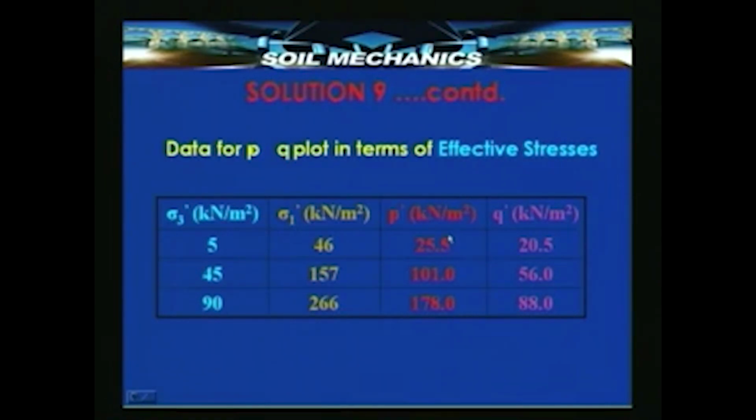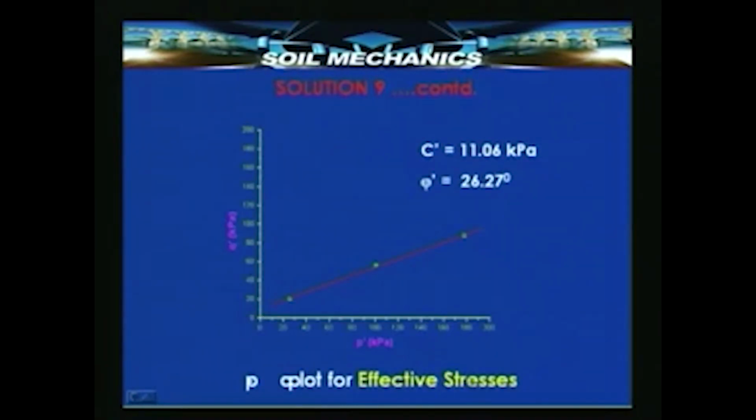So, we now have P dash, which is quite different from the value of P we had earlier, but Q dash however remains the same because it is the difference between the stresses, and as I pointed out a little earlier, sigma 1 minus sigma 3 is equal to sigma 1 dash minus sigma 3 dash. So, we have P dash and Q dash. If we plot them, we get the PQ plot for effective stresses, and from this intercept and the angle of inclination, we can get the effective cohesion and effective angle of friction as 11 and 26, as shown in this graph.